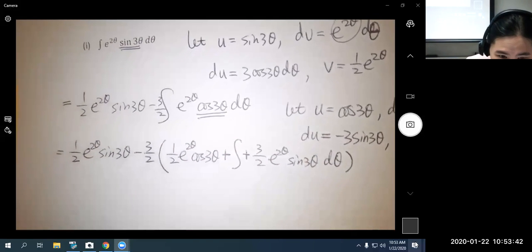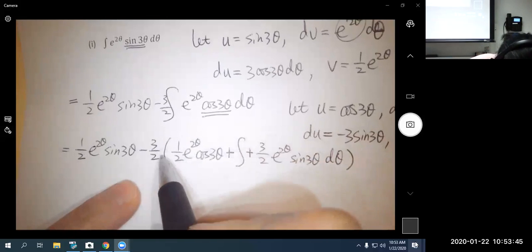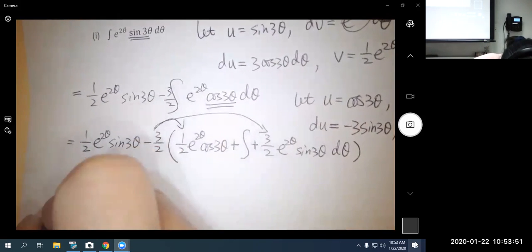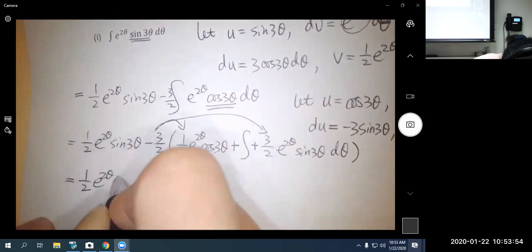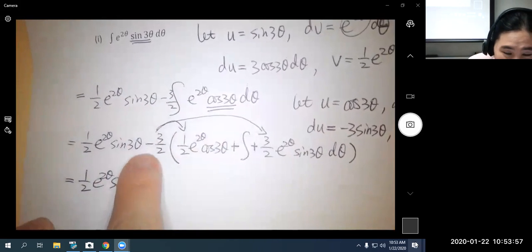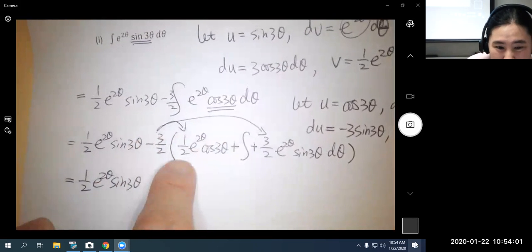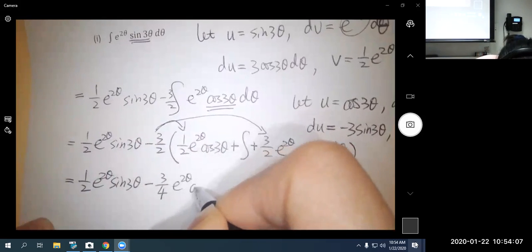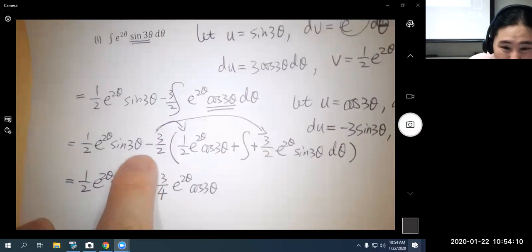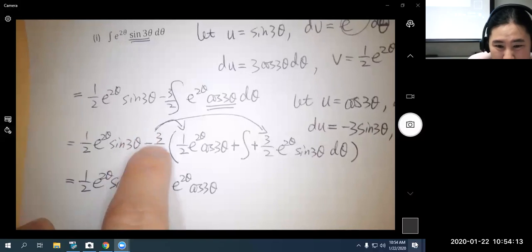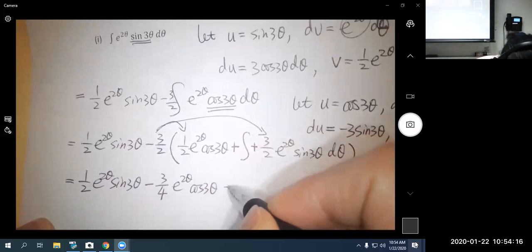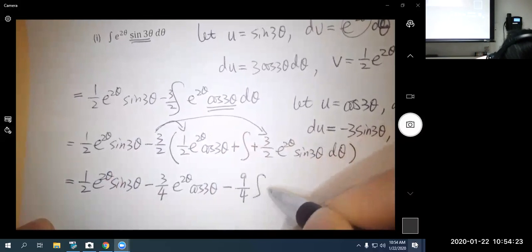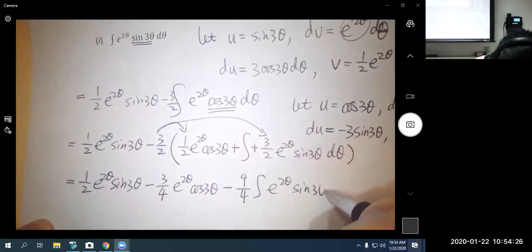This is -3/2, so let's distribute. 1/2 e to the 2 theta sin of 3 theta, -3/2 times 1/2 is -3/4, minus 3/2 times 3/2, which is 9/4, integral of e to the 2 theta sin of 3 theta d theta.